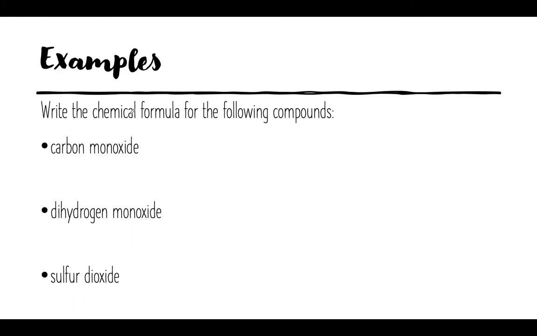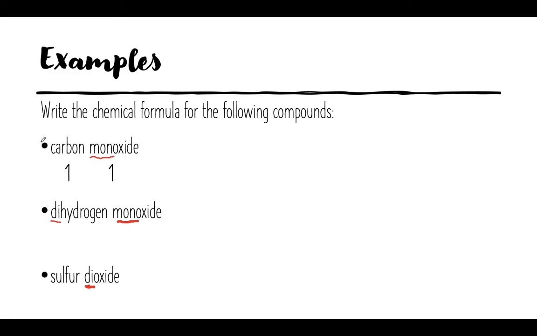So if we look at the names of these compounds, I can spot a prefix here, here, here, and here. Now, monoxide means we are going to have one oxygen. It's in a compound with carbon, and even though there's not a prefix here, there is only one carbon involved in this molecule, and also only one oxygen.